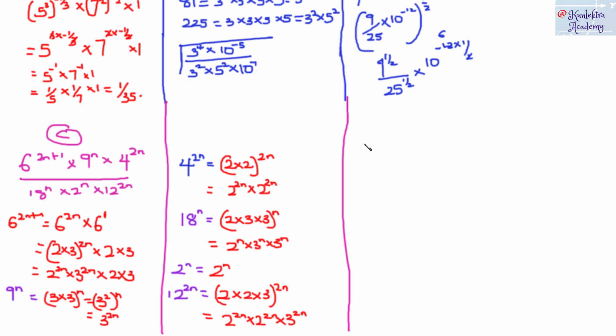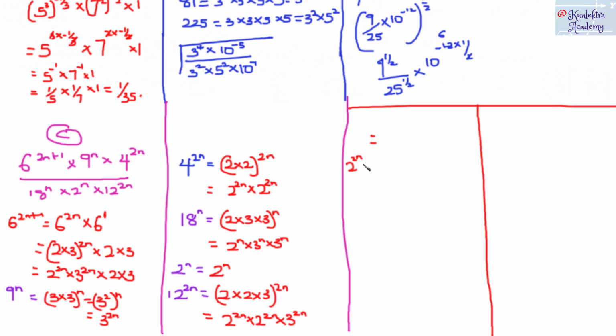Now you have your value to be 2 raised to power 2n times 3 raised to power 2n times 3.